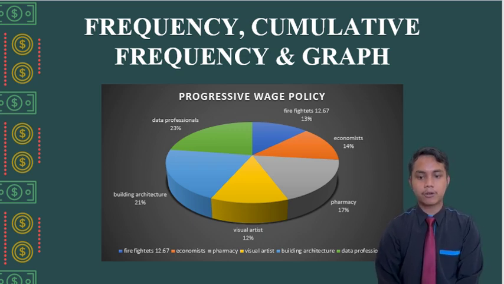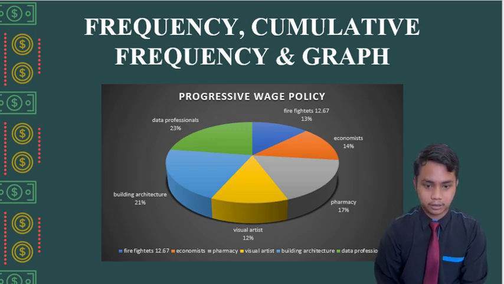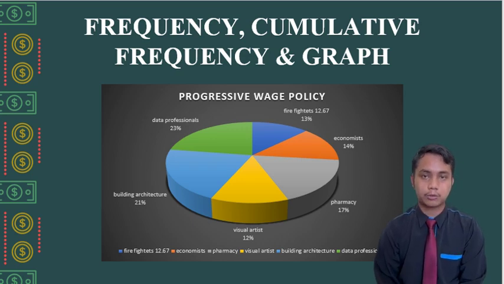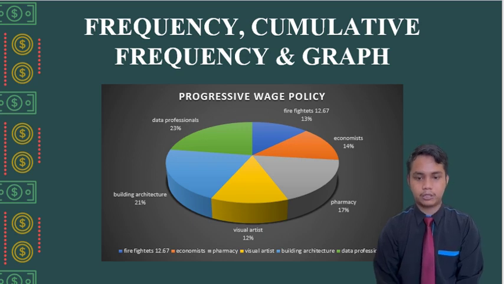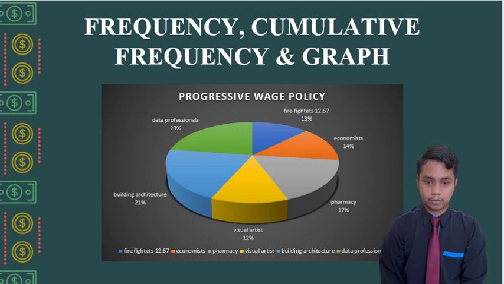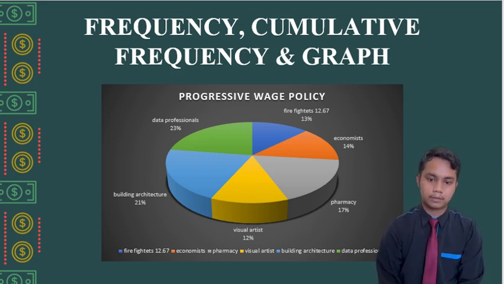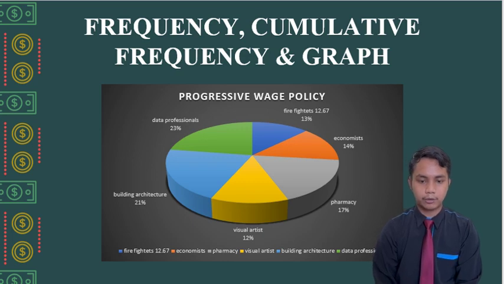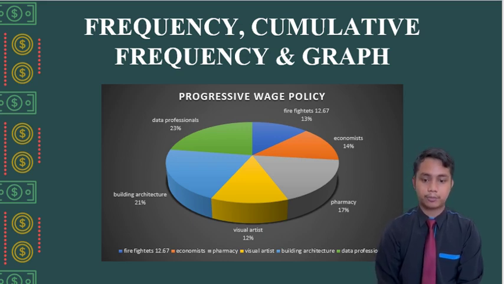Malaysian workers in the building architecture sector earn around 3,280 per month, which is 21% of the total wage and is the second highest monthly salary earned by the 6 occupations. Meanwhile, workers as visual artists earn the least with 1,935, which represents only 12% of the total wage.